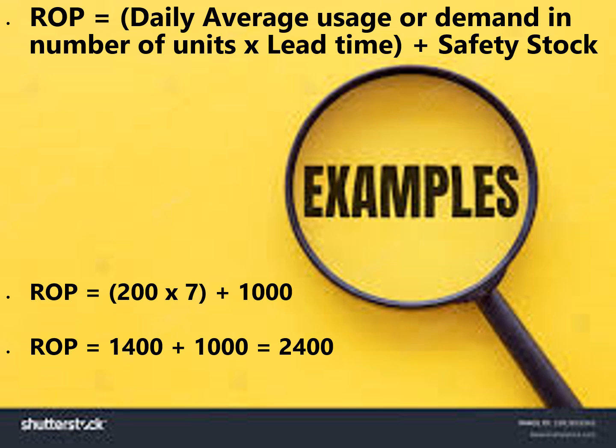As we know, ROP is equal to daily average usage or demand in number of units multiplied by the lead time plus safety stock. So ROP is equal to 200 multiplied by 7 plus 1000. So 1400 plus 1000 is equal to 2400 total units, which is our reordering level or reordering point.